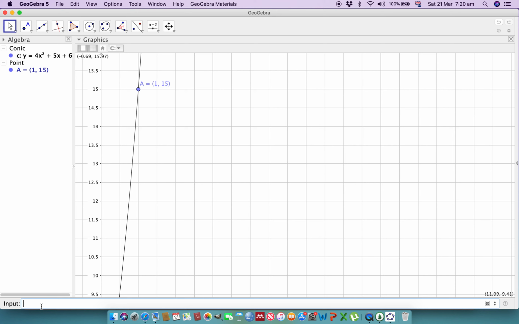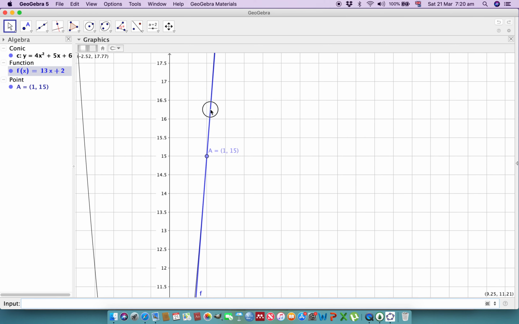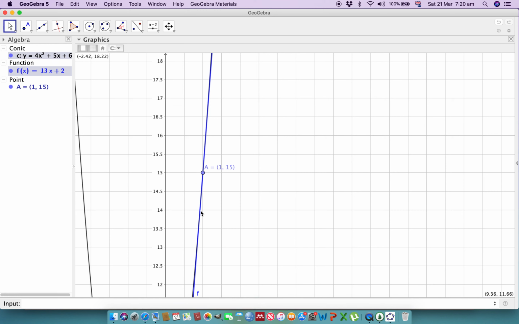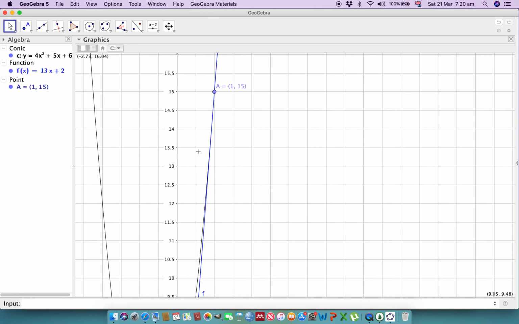Let's see whether this line will pass through 1 comma 15 or not. So another line we have is g is equal to 13x plus 2. We can see this line passes through 1 comma 15. The black line is the parabola.